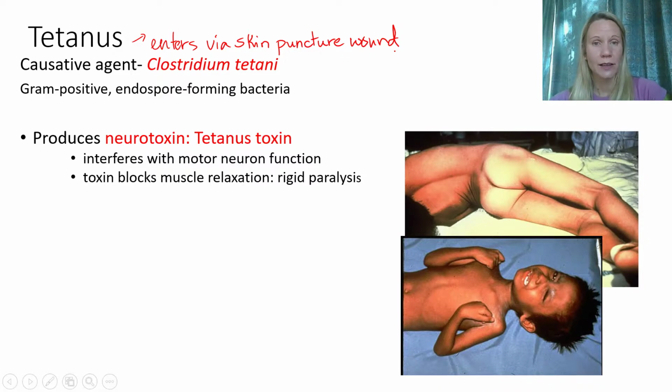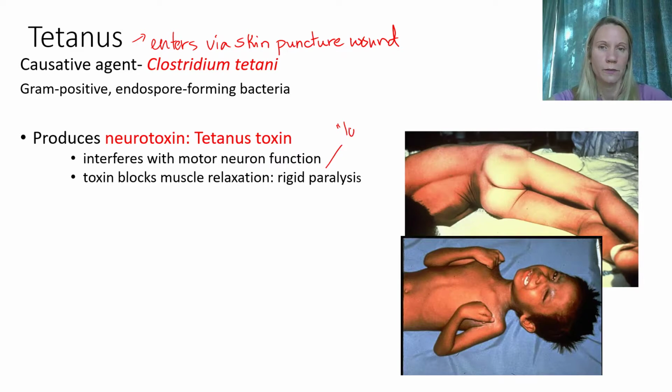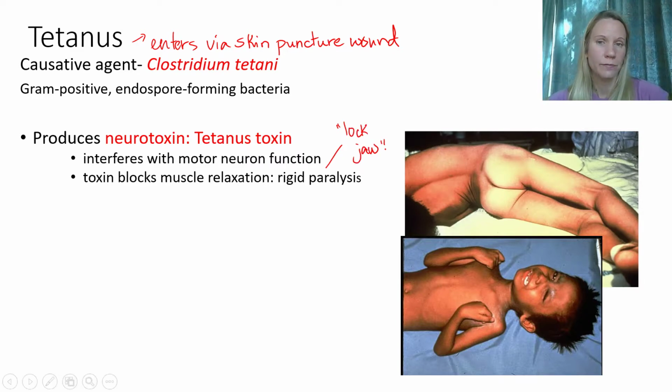The tetanus rigid paralysis symptoms usually start with your jaw, the muscle that holds your jaw just locking. We call that lockjaw. But eventually it progresses to other muscles as well.